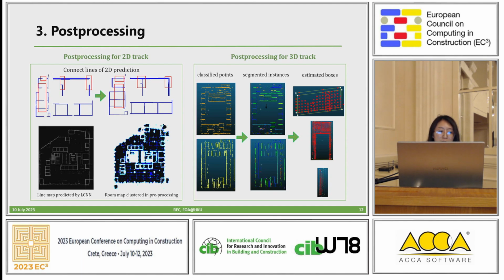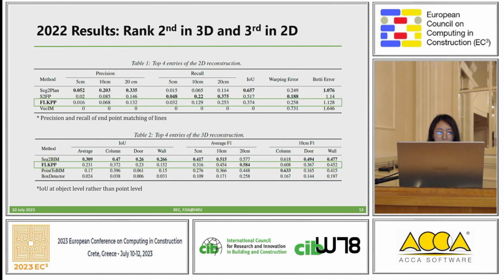So we extend the lines based on the line map predicted by the LCNN or the room cluster from our pre-processing. For the 3D track, we further segment the instances from the classified points and then estimate the bounding box of each instance to create the parametric primitives for each instance.